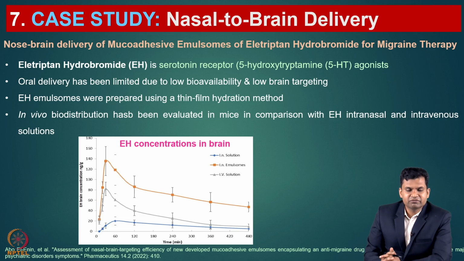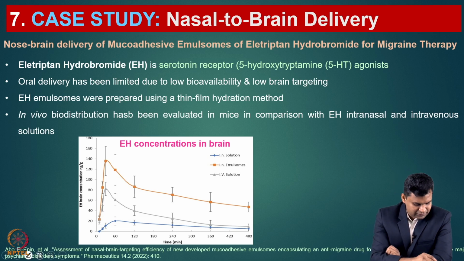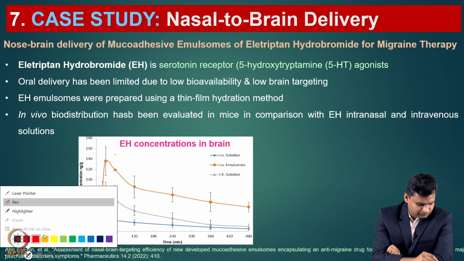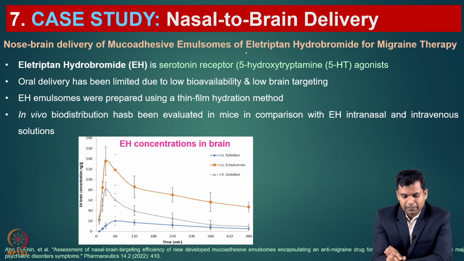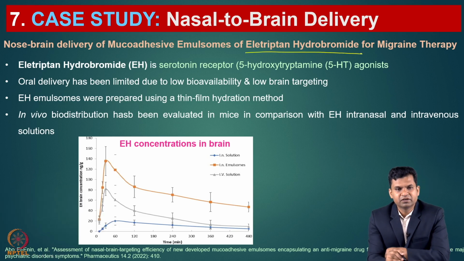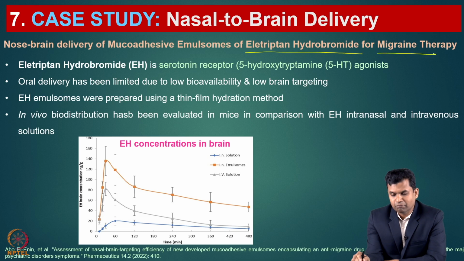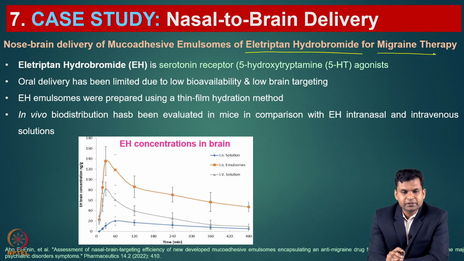So, in this case study we are going to discuss nose to brain delivery. Here the molecule is eletriptan hydrobromide, which is used for migraine, and here the scientists converted the conventional formulation of the drug into nano formulations.